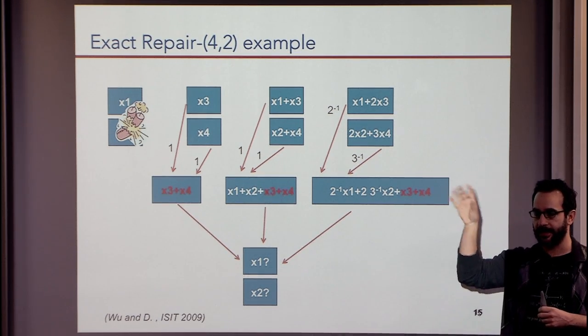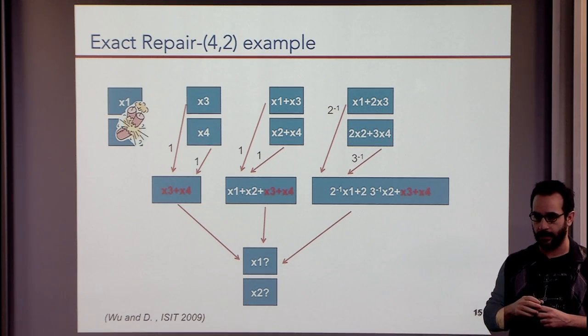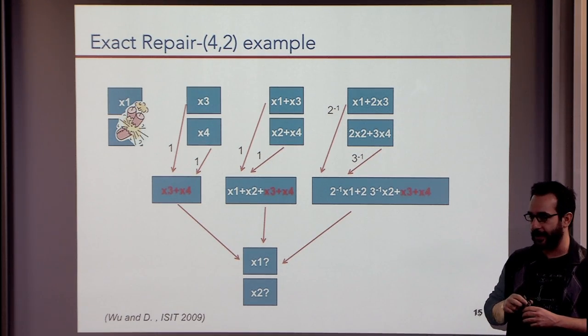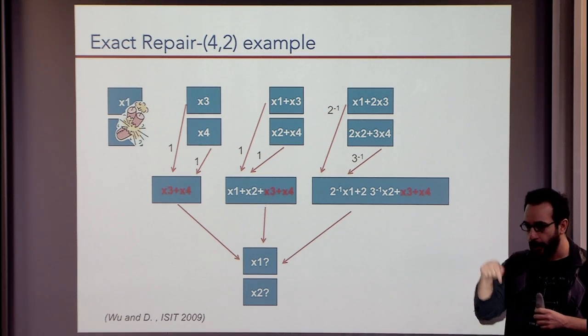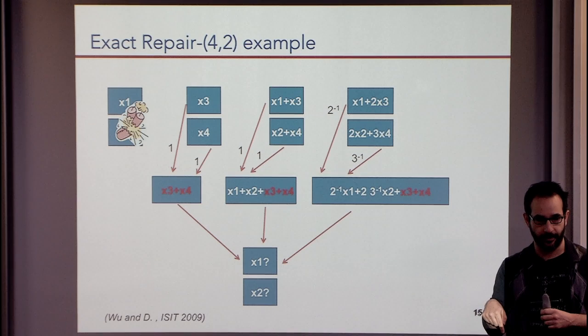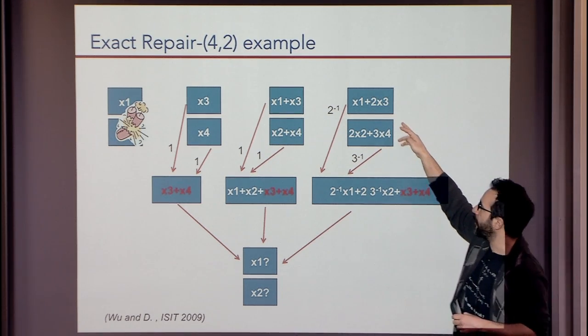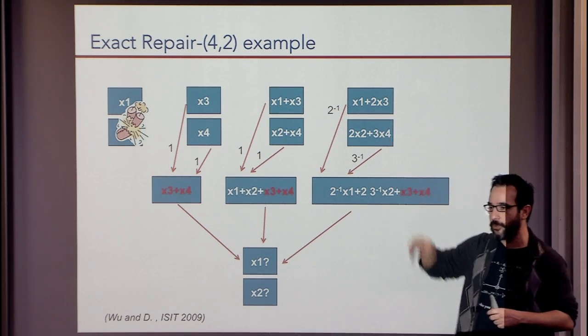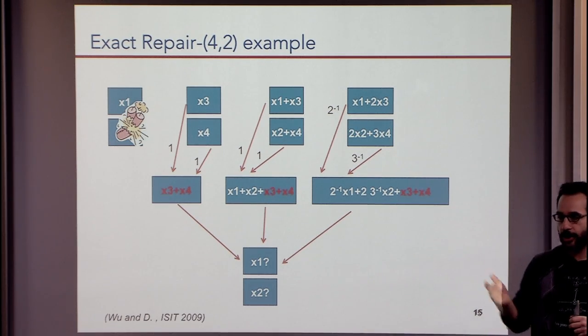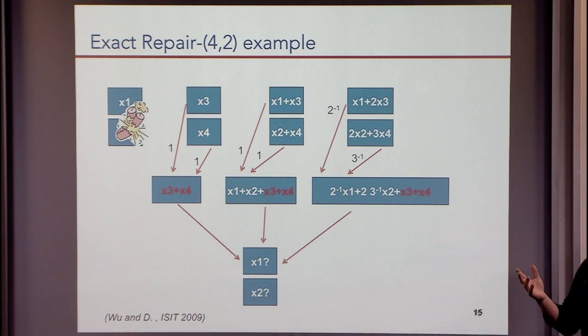These are called MSR codes, and it doesn't stand for Microsoft Research. It stands for minimum storage regenerating codes. The problem is that they are not practical. You see what I did here is I split a packet into two things that I call sub-packets. In general, we need to split into a ridiculous number that I think in the first works was doubly exponential.